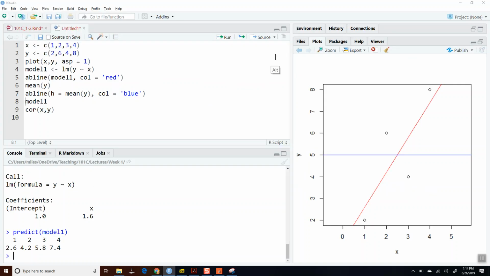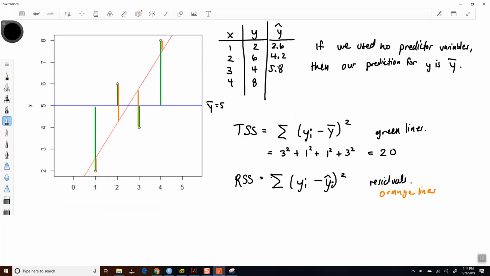So each of these will be 2 minus 2.6 squared, plus the actual value 6 minus what I predicted, 4.2, squared, plus 4 minus 5.8 squared, plus 8 minus 7.4 squared.